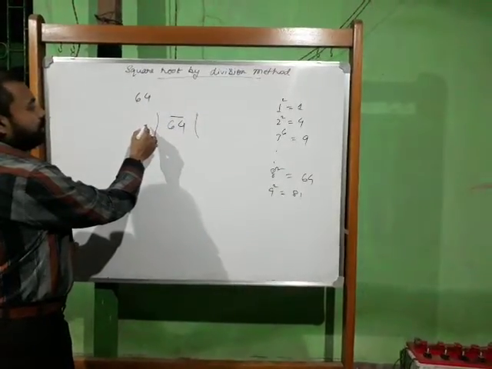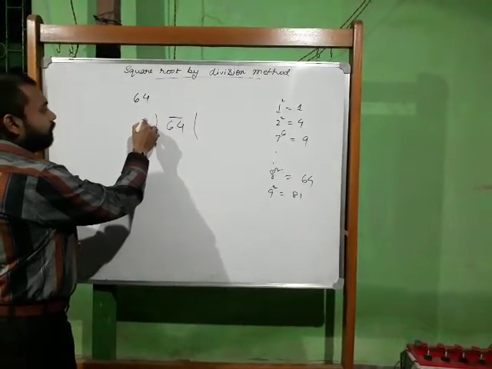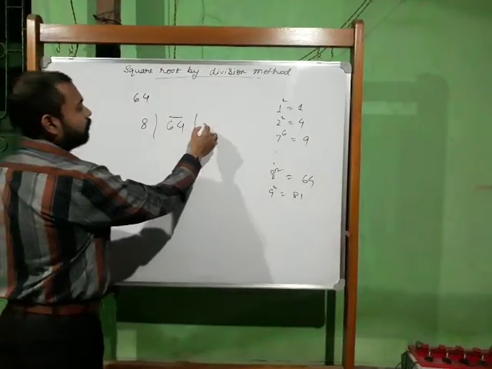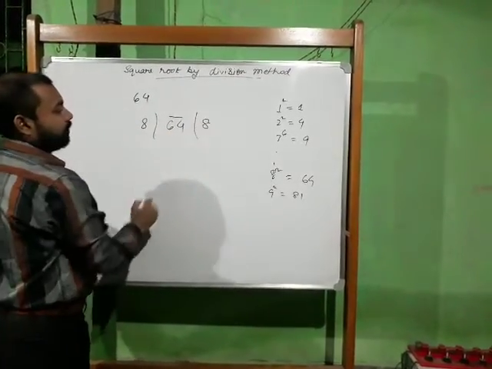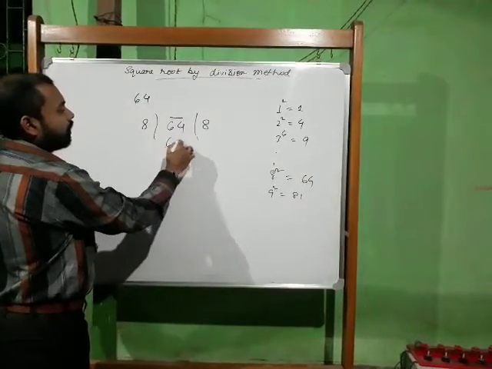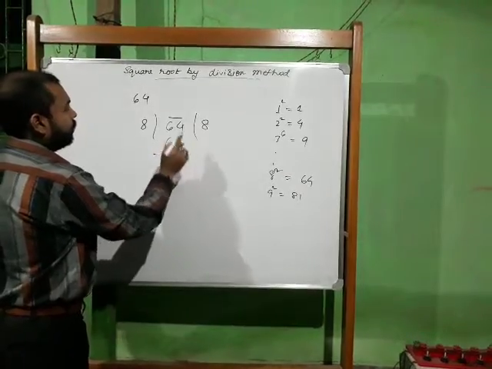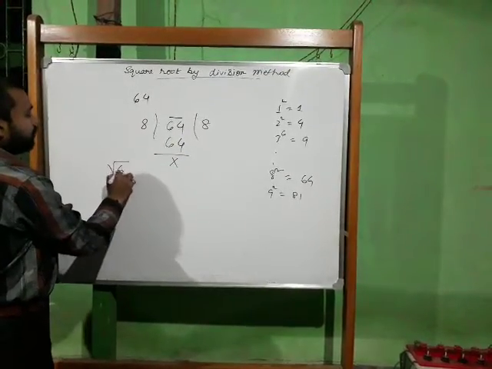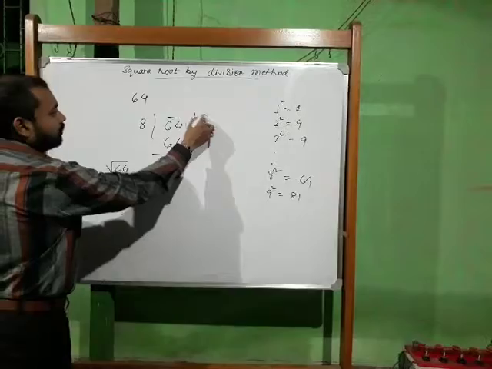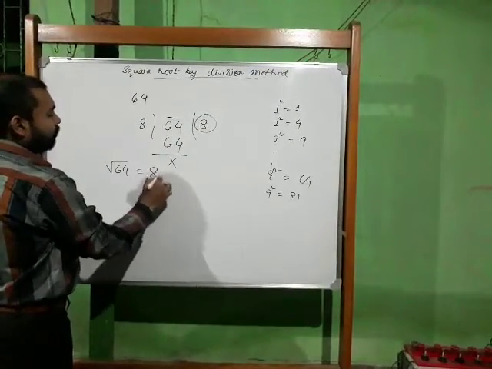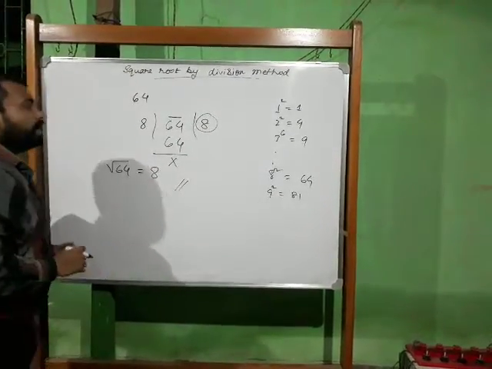On the division side, what divisor will I take? If I take 8 as the divisor, the quotient will also be 8. So 8 into 8 is 64, and the remainder is 0. That means root over 64, the quotient is 8. So the square root will be 8.